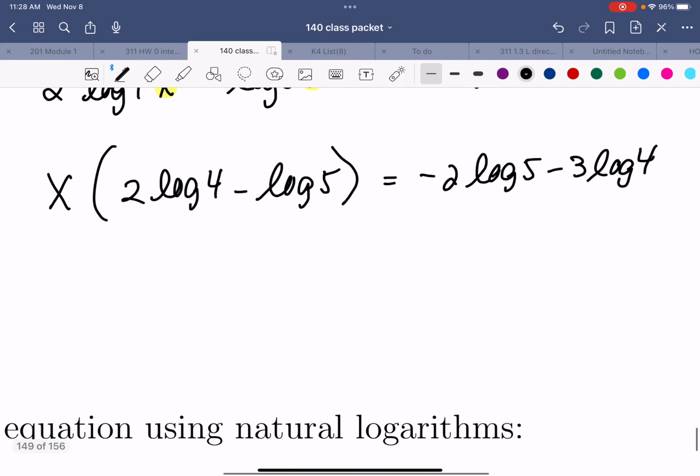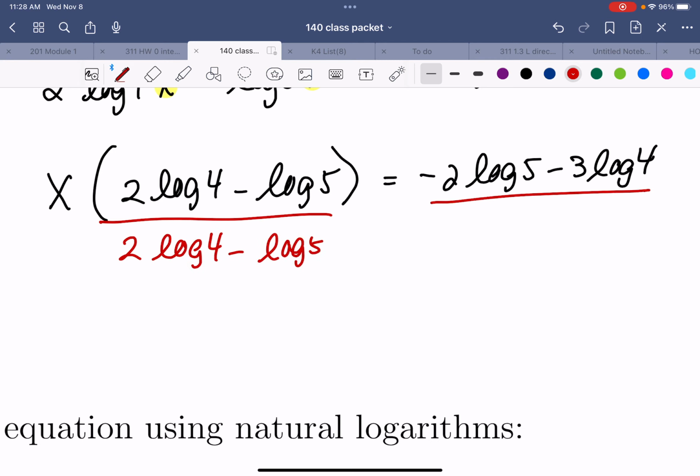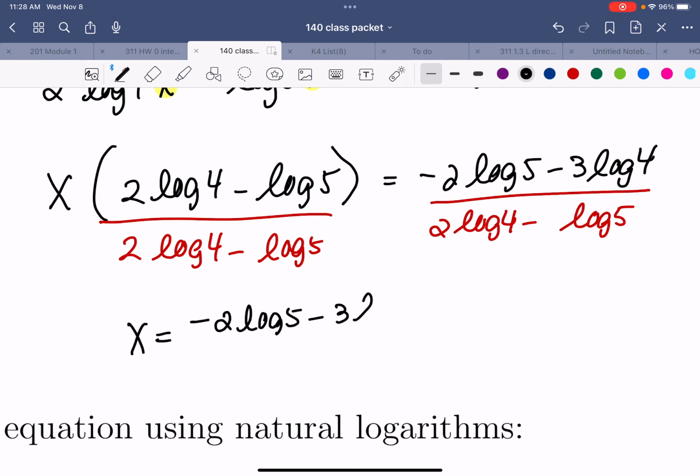And then the last thing I'm going to do, my x is multiplying everything in parentheses, so I'm going to divide by everything in the parentheses. And that's going to leave me with a final answer for x of negative 2 log of 5 minus 3 log of 4 all over 2 log 4 minus log 5.